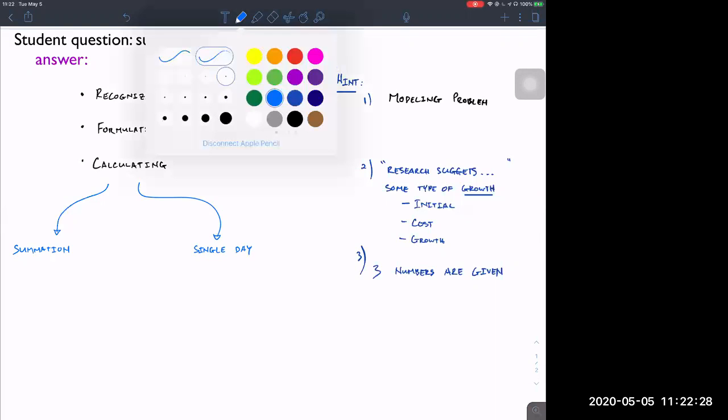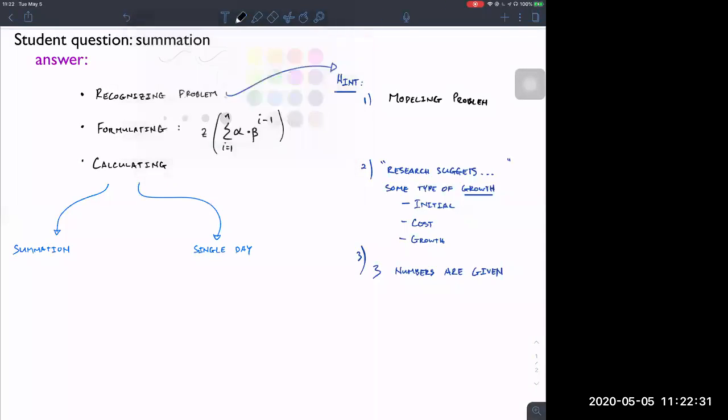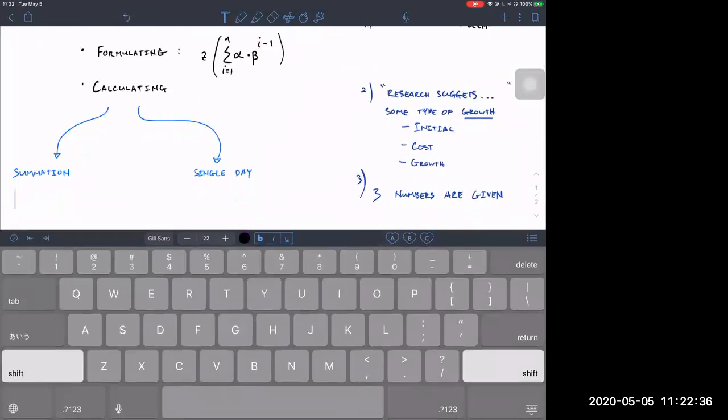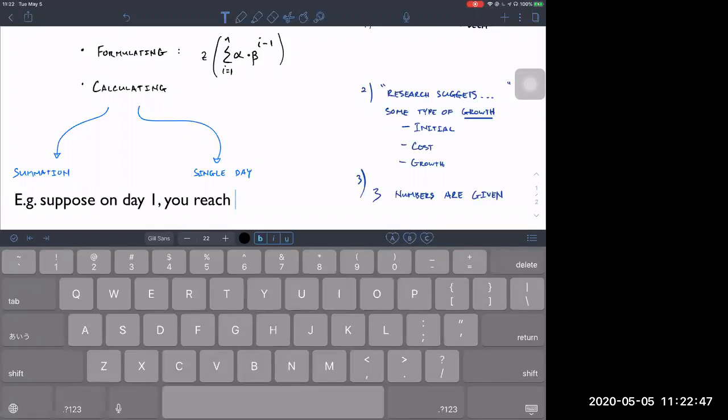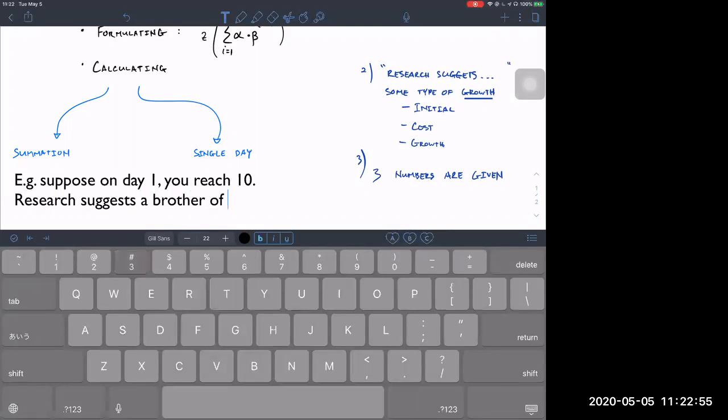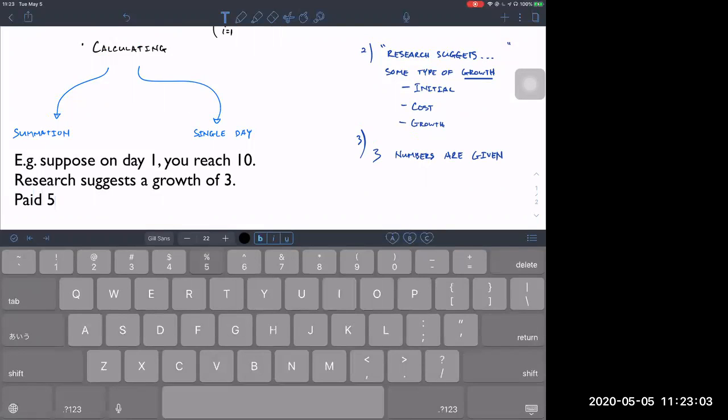An example of that is if I say, e.g., suppose on day 1, you reach 10. Research suggests a growth of 3. Growth, not brother. Okay. Paid 50 cents each person.